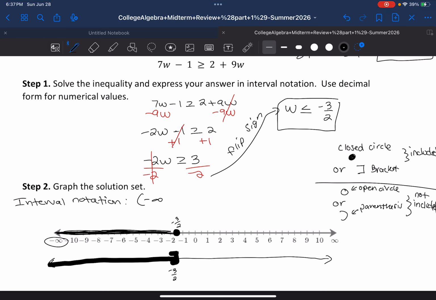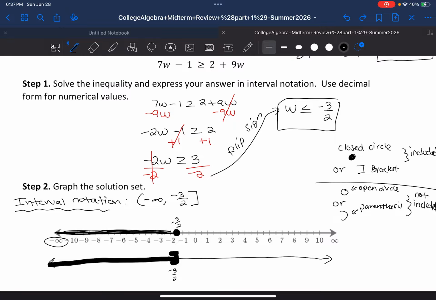The shading starts at negative infinity, and then you put a comma, and the shading ends at -3/2. It would be included because it can equal -3/2, so we would end this with a bracket. So that is the interval notation answer that they wanted right here.